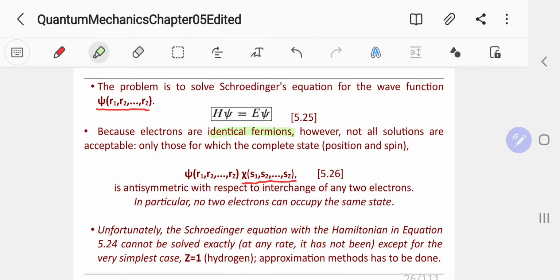So if you include spin, you have to apply the anti-symmetric combination with respect to the interchange of any two electrons. So again, no two electrons can occupy the same orbital, or the same state, at the same time.